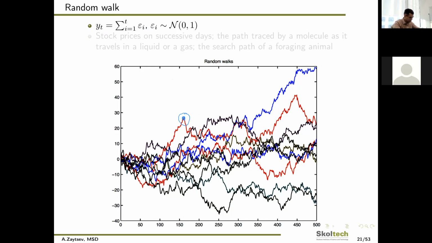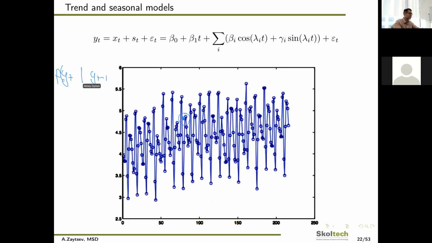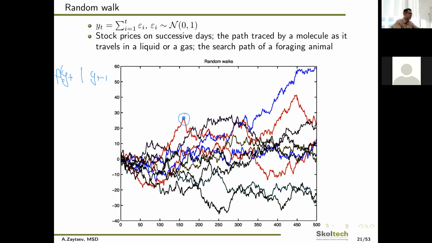So if you want to predict yt, and we know yt minus 1, then can anyone say what is the conditional density of yt given yt minus 1, and yt given y1 to yt minus 1?